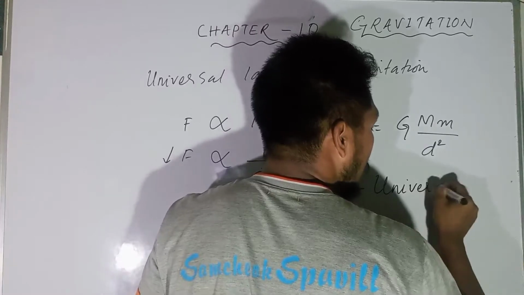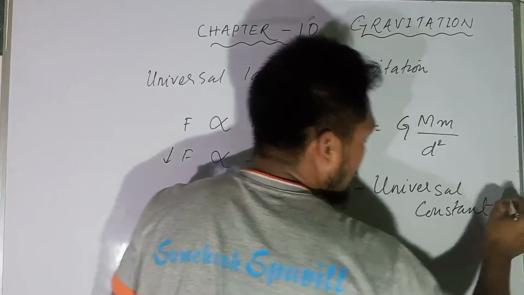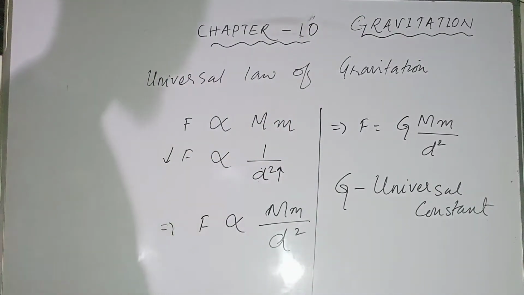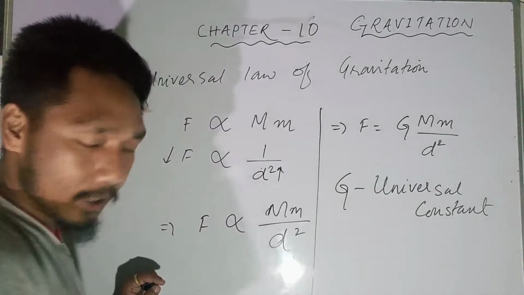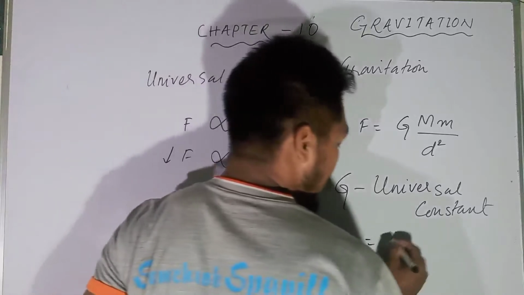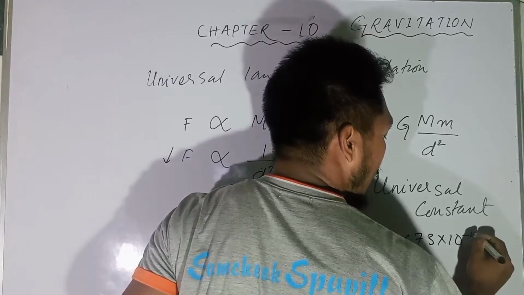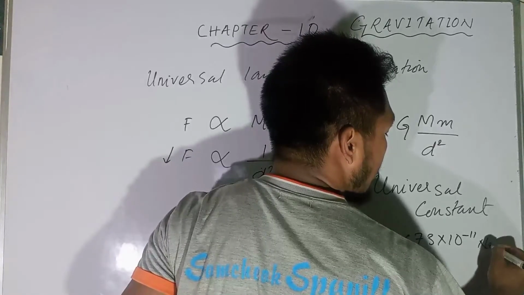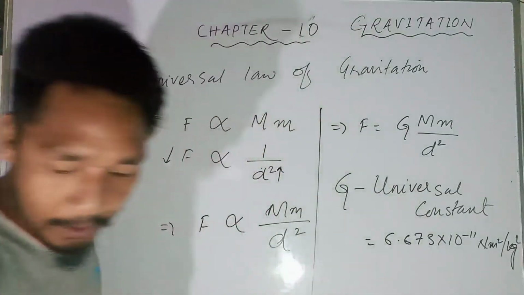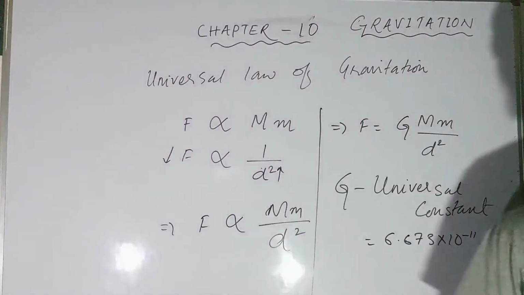The value of this universal constant is 6.673 into 10 to the power minus 11 newton meter squared per kg squared.